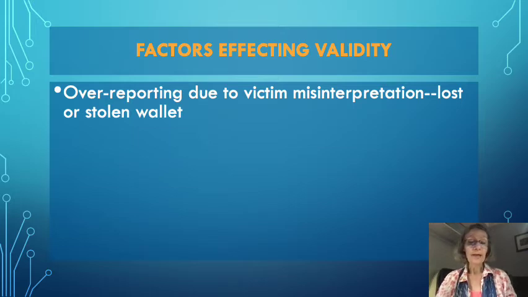Maybe you left it in your car, and you go to your car the next day and your wallet is gone, and you think, it must have been stolen. And so you would report a stolen wallet. I've been a victim of theft in the National Crime Victimization Survey. However, maybe a couple weeks later, after you give your survey response, you're like, ooh, I found my wallet.